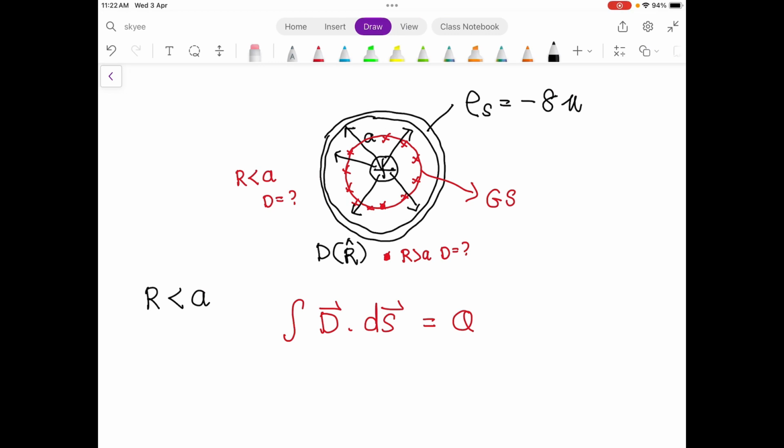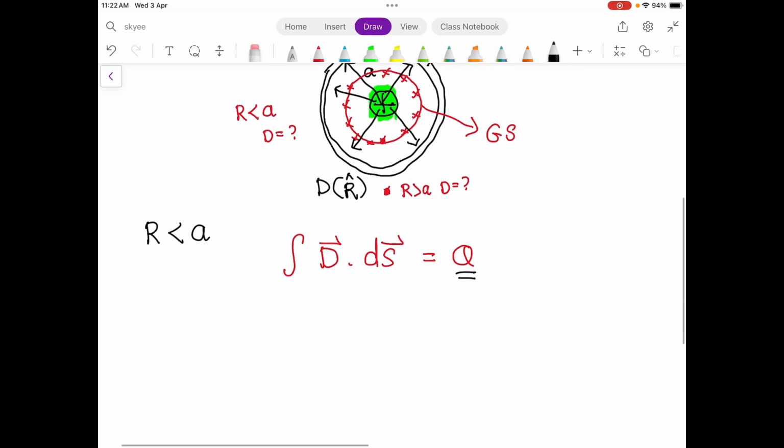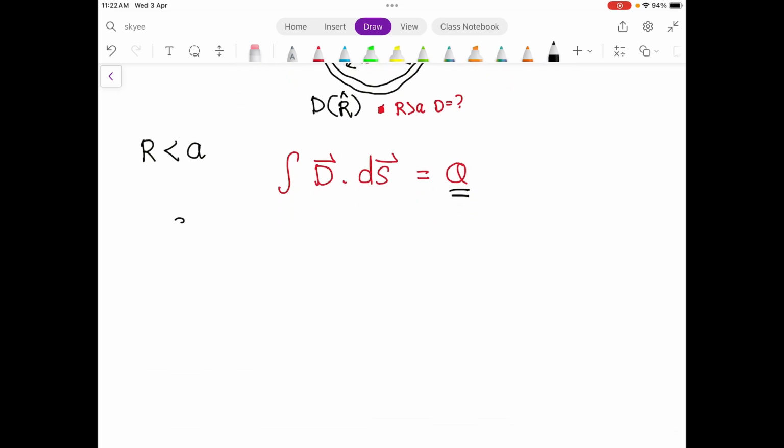The Q here is the Q enclosed by the Gaussian surface, which is this Q. Let's write it down. You have the double integral of D in the r direction, dot product with r squared sine theta d theta d phi.